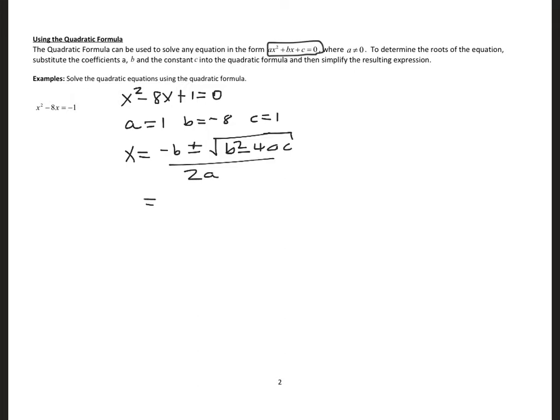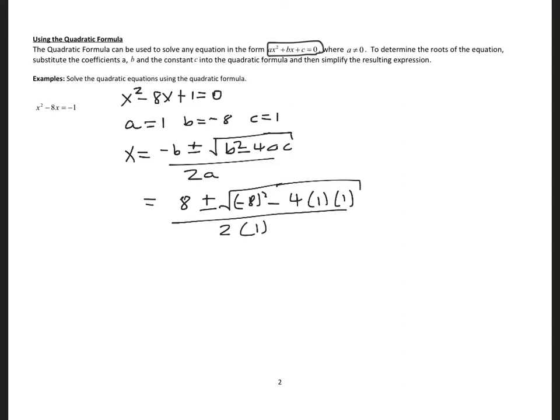So this is minus negative 8, so that's just 8 plus or minus. So b squared is minus 8 squared, minus 4 times a times c, which is 1 times 1, and all this is divided by 2 times 1.